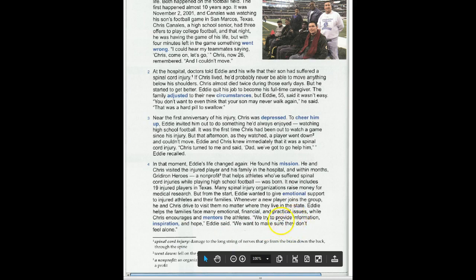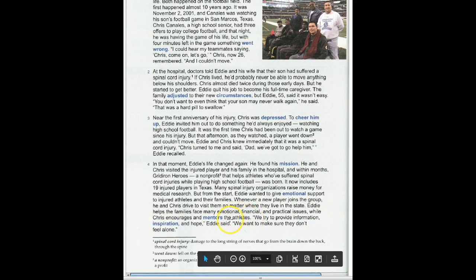so we look at the word they, and this is a pronoun. Who is they? Well, we need to go back to the sentence before this. "Eddie helps the families face many emotional, financial, and practical issues, while Chris encourages and mentors the athletes."